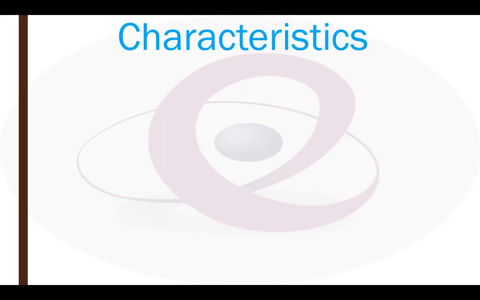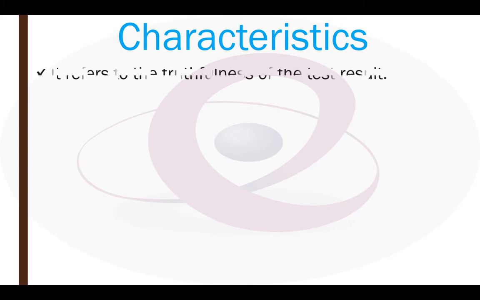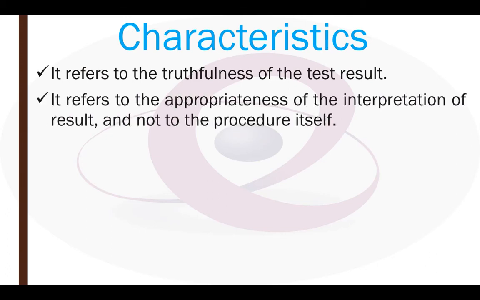Validity has some characteristics. Validity is a unitary concept. It refers to the truthfulness of the test result. In the field of education and psychology, where we deal with the mental measurements, no test is perfectly valid, as the mental measurement is not absolute but relative.